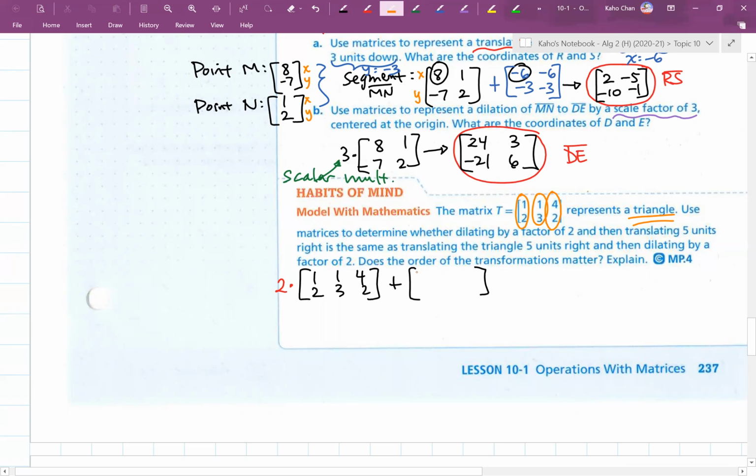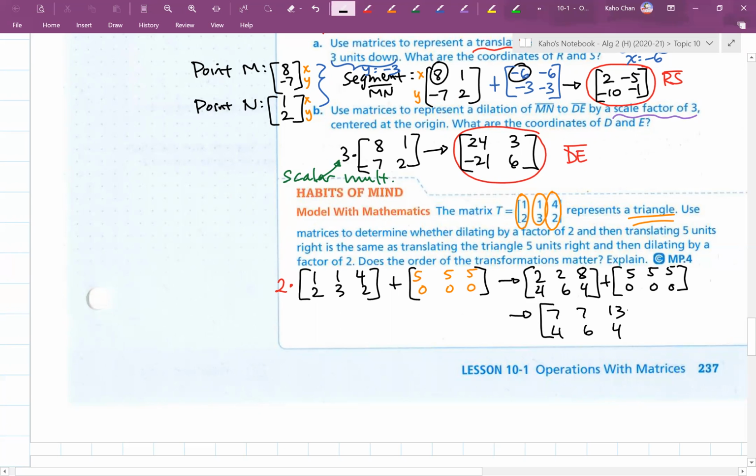That is just simply 5, 5, 5. We're not doing anything with the y value, so it's a 0, 0, 0 row. And what will we get? We'll get, let's do this, 2, 2, 8, 4, 6, 4. I'm just doing the math here manually. And this is my final. Here we go. 7, 7, 13 over 4, 6, 4.